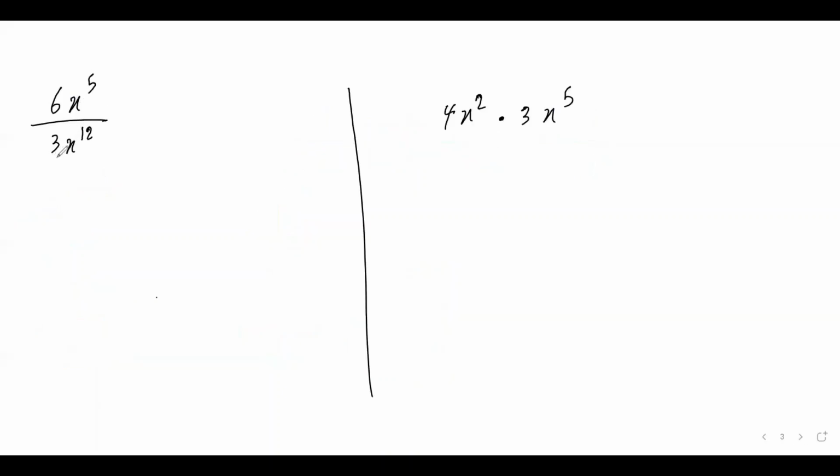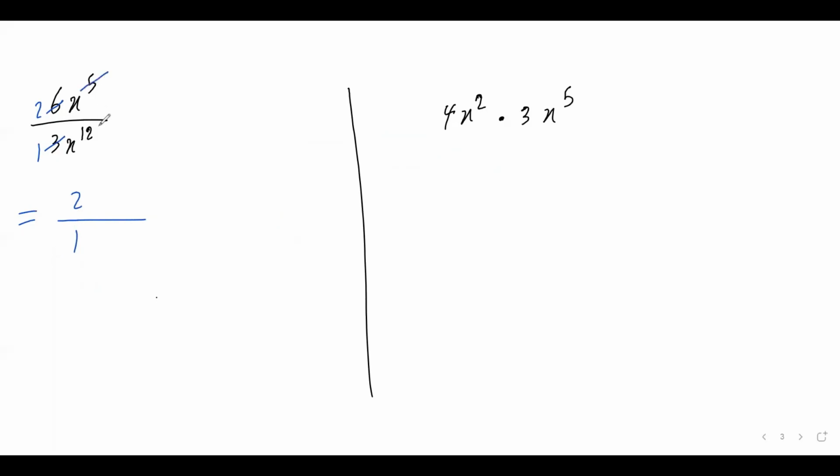6x to the power of 5 over 3x to the power of 12. So to simplify this, we can just simplify the coefficients and then simplify the variables. So I have 6 over 3, so 3 goes into 6 twice, so it's just 2 over 1, right? So I can write down 2 on the top, 1 in the bottom. So x to the power of 5 over x to the power of 12.